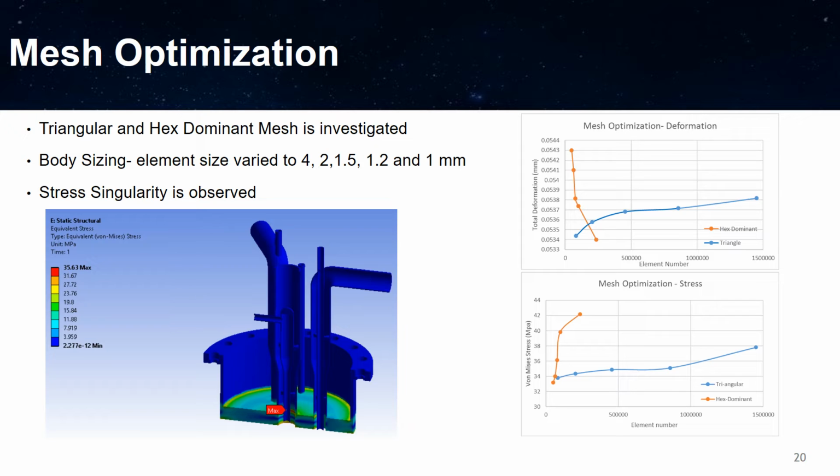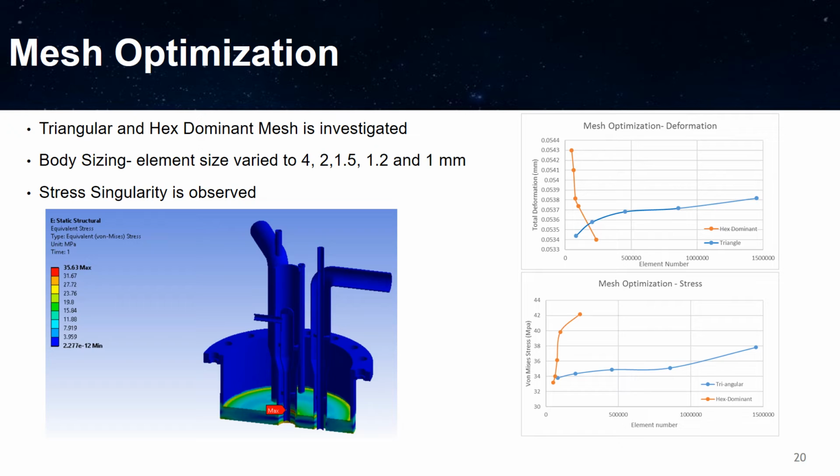You can see the mesh optimization results. You can see the total deformation basically did not change that much with number of elements. Also on the stresses, you can see that with number of elements the stress tends to go up higher. The result is due to a stress singularity.